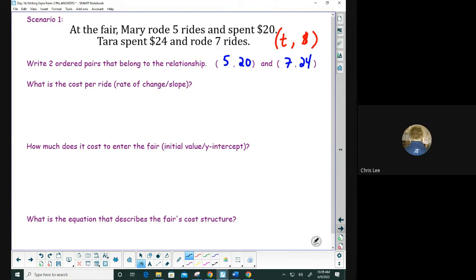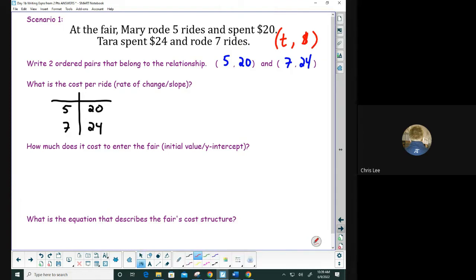Let's figure out the slope without a big long table. Let's just do the quick table. Here are my 2 points: 5 and 20, 7 and 24. Practice my slope, delta y over delta x.